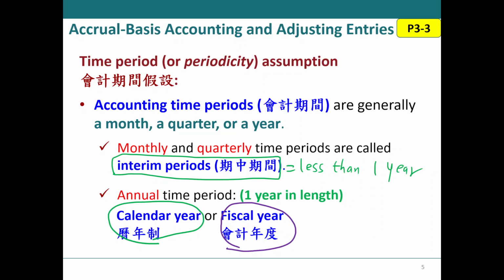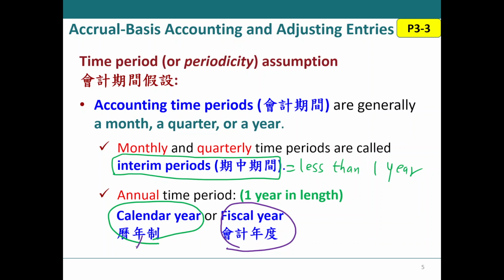But usually for people, for the life you live, what's your first day? First day is January 1st, right? Okay. So our first day is January 1st, we call it calendar year.